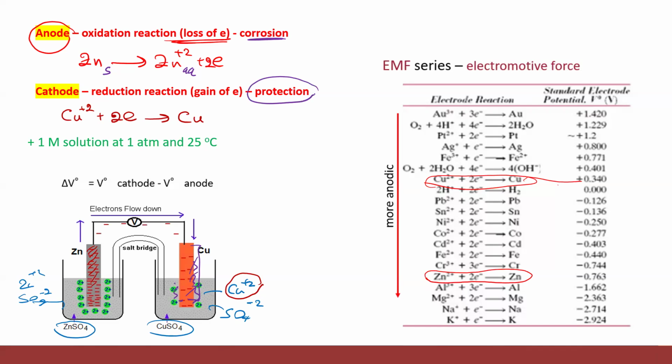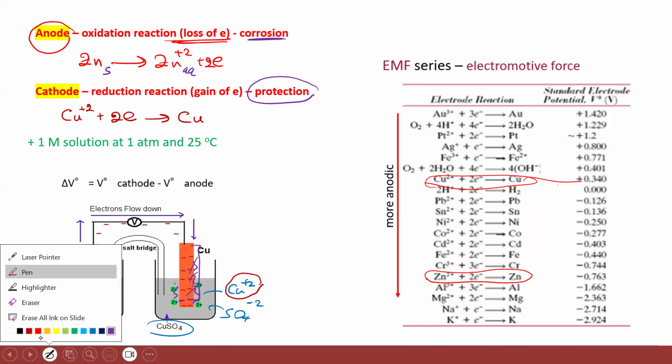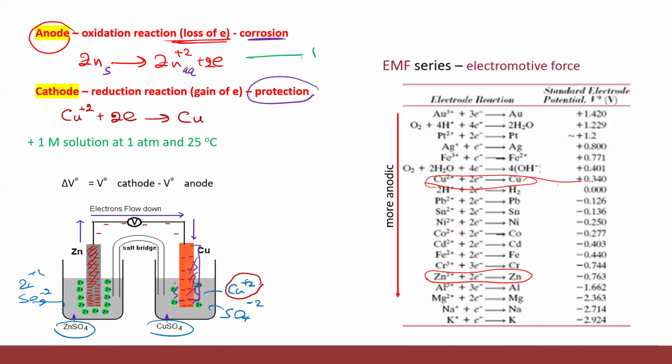No questions? Okay, first thing is you should be able to identify the anode and the cathode by looking at the EMF series. Then after identifying that, you should be able to write the two half cell equations. Once you write them, we can write the overall equation just by adding these two together.